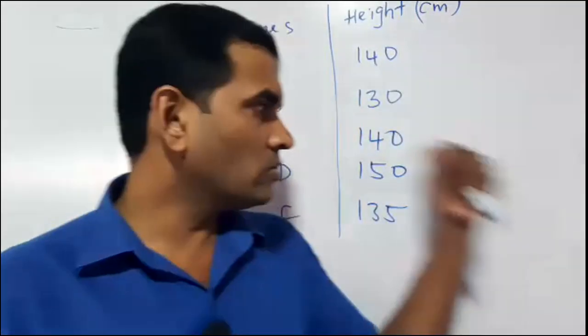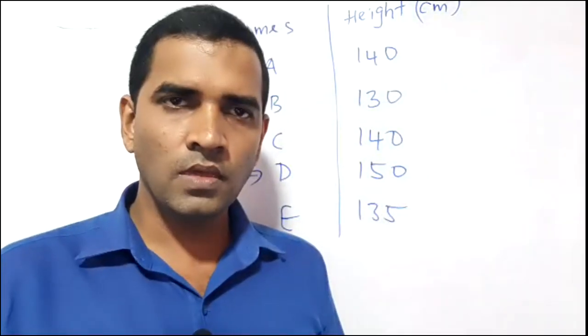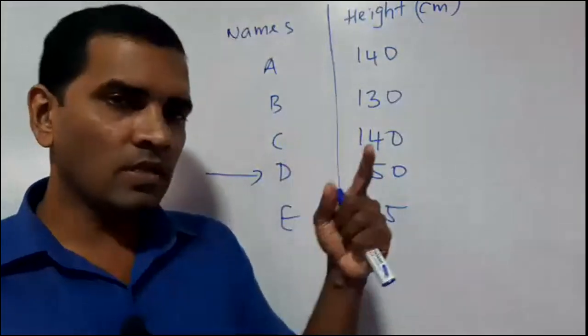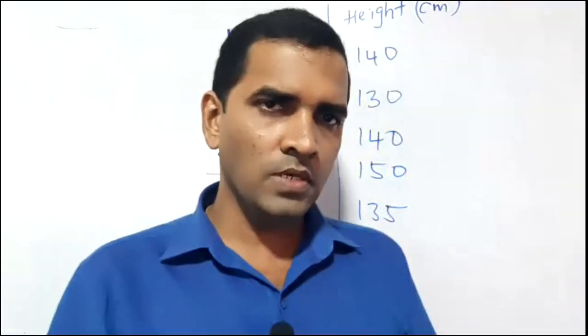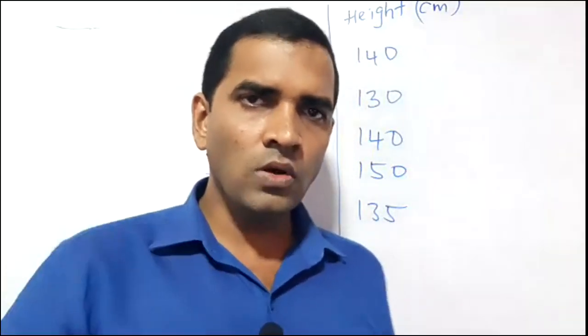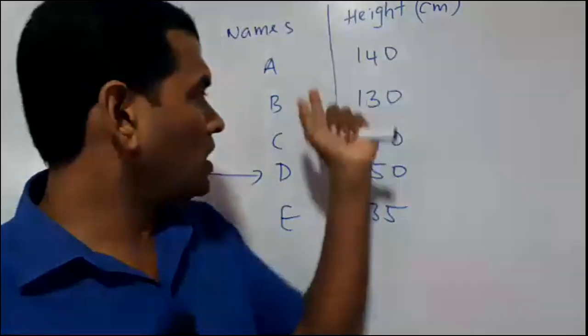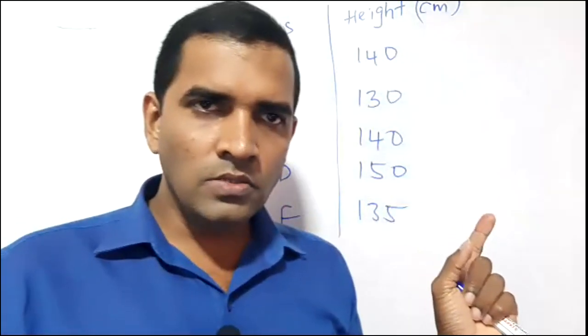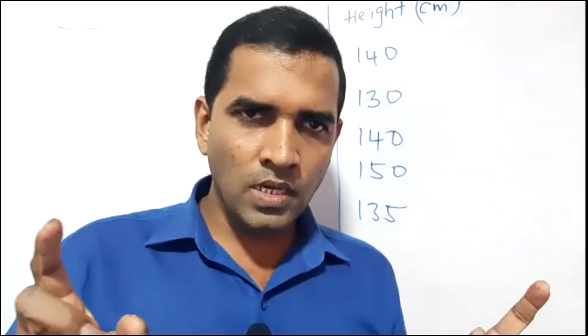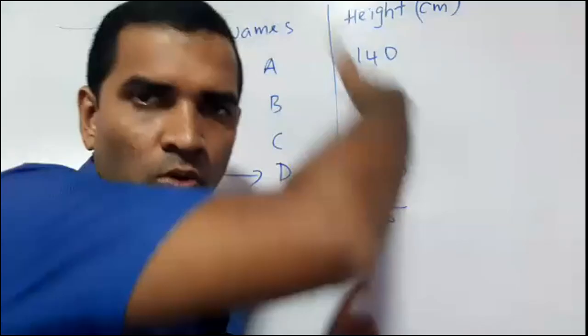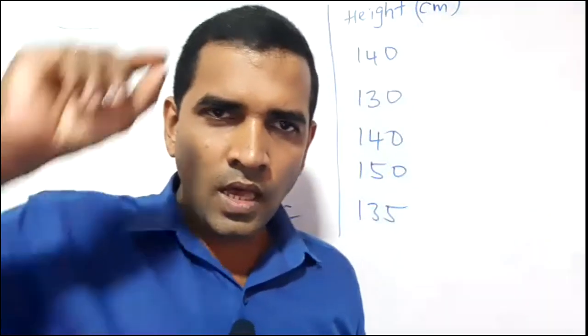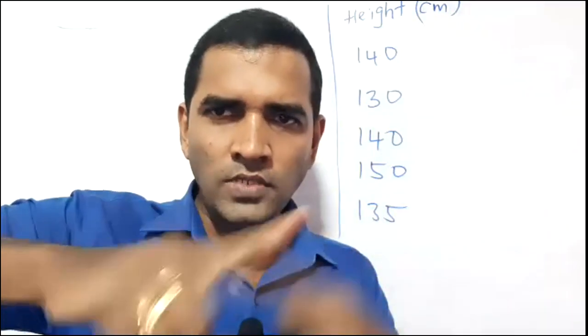Even here you face a similar incident, right? But here the thing is, you don't have many names. When you have 5 names, you don't spend much time. You just have a look at all these heights, and immediately in your mind you arrange them.